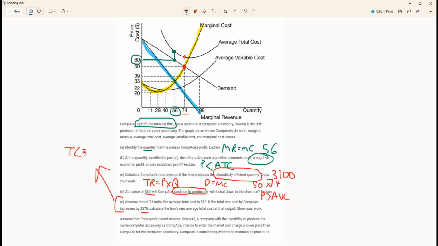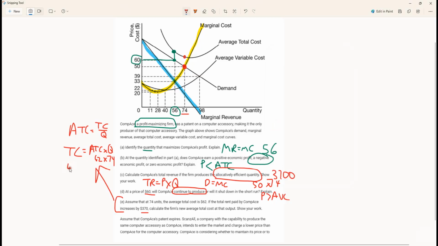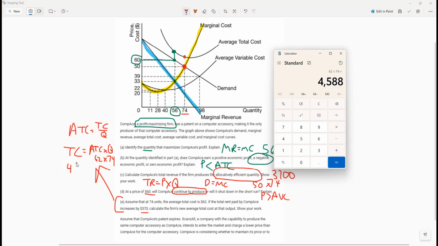So our total cost, you can kind of skip ahead. It is average total cost times quantity, but where that came from is that average total cost equals the total cost over quantity. So we know some things. We know that this is 62. We know that this is 74. So initially 62 times 74 is 4,588.